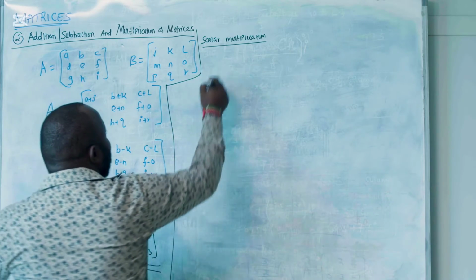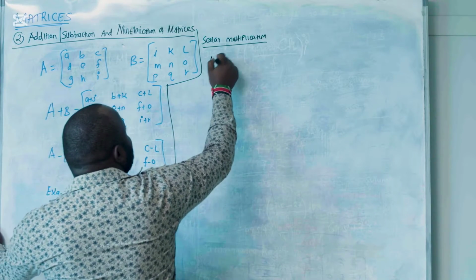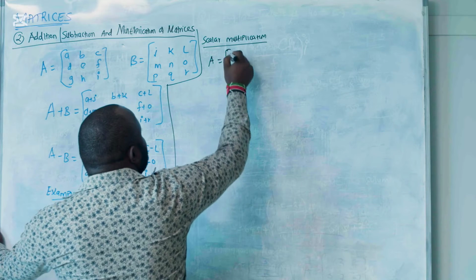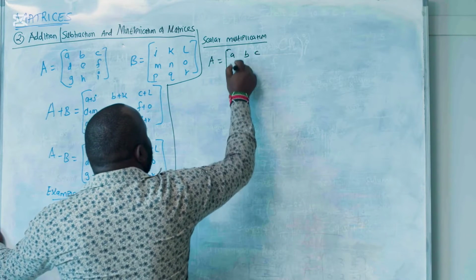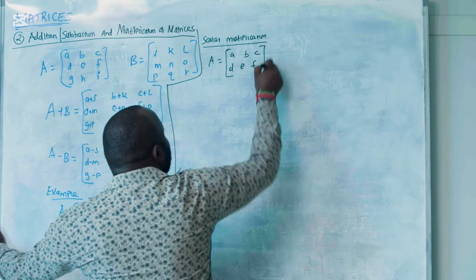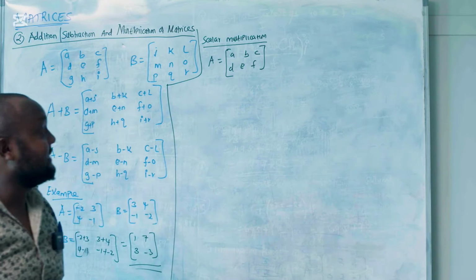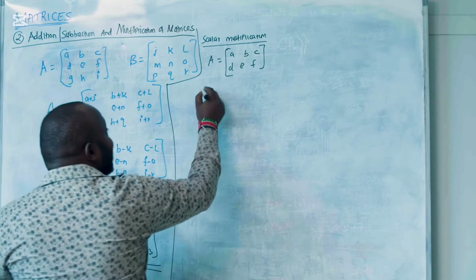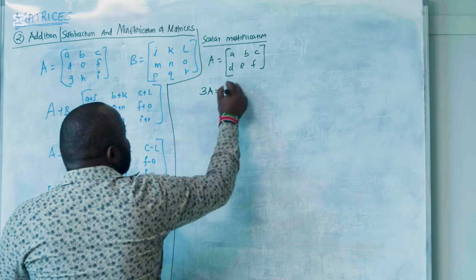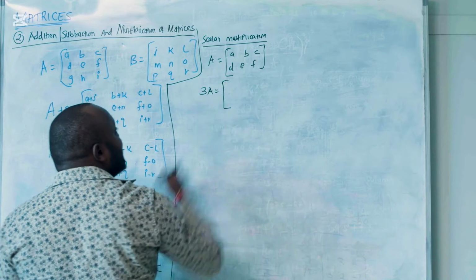So if I had my matrix A like this, let me use a 2 by 3 matrix.